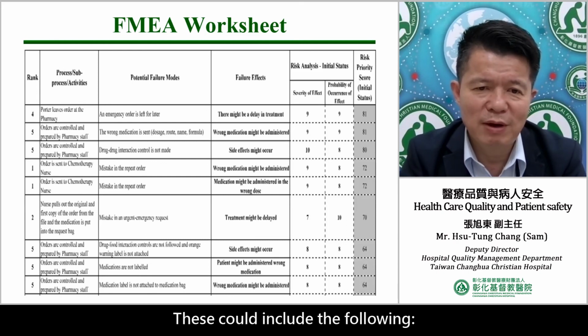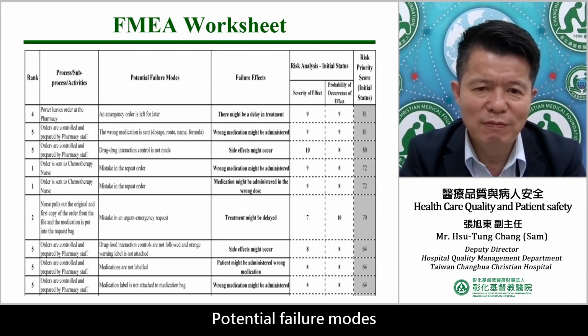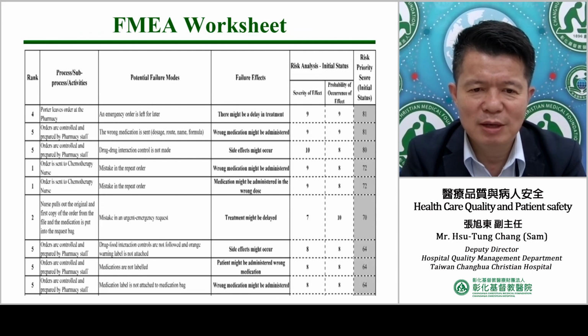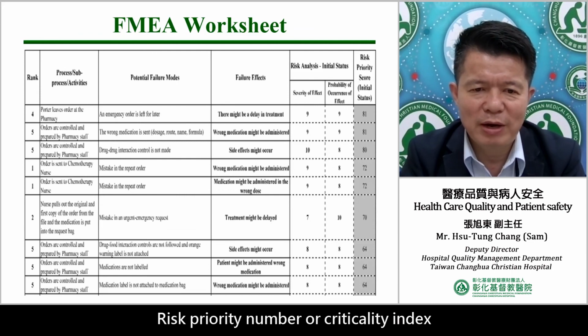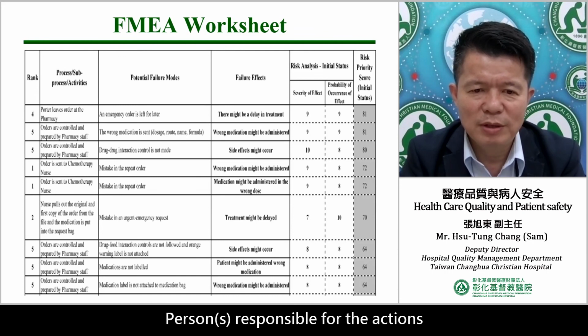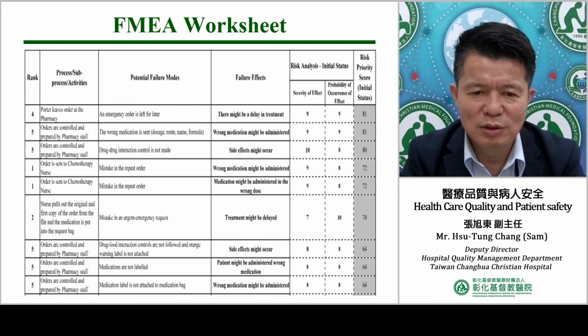This could include the following: steps in process or links between steps, potential failure modes, potential effects, probability of occurrence of failure modes, detectability of failure modes, probability of occurrence of effects, severity of effects, a risk priority number or criticality index, root causes of failure modes, redesign recommendations, persons responsible for actions, target completion date for test, new process implementation date and actions, monitoring mechanism and frequency.